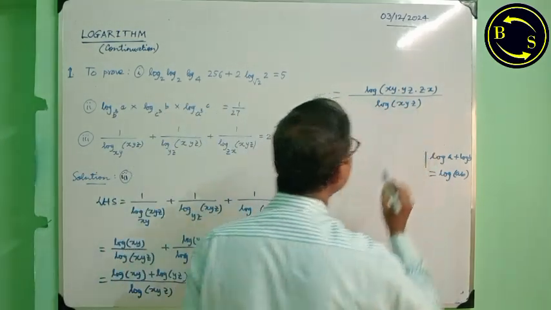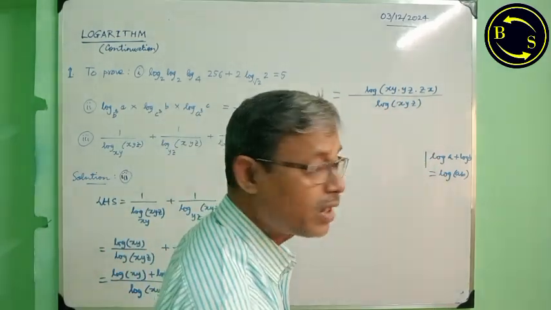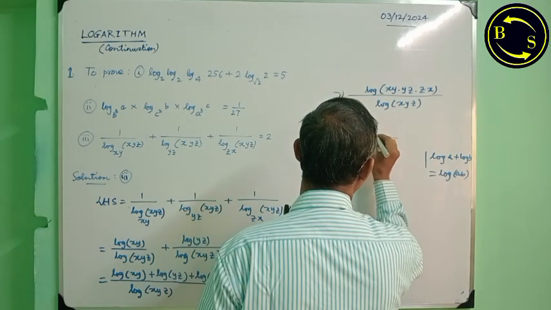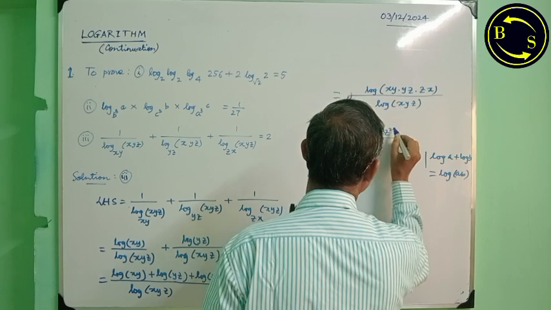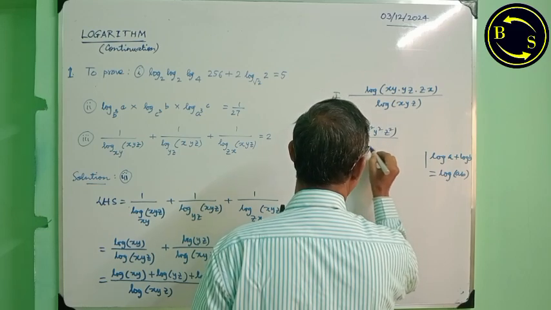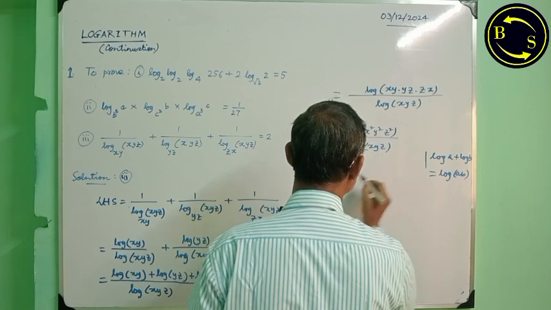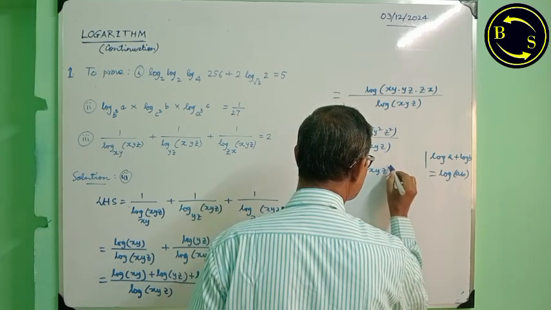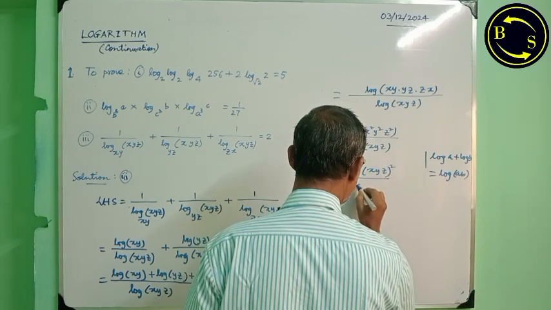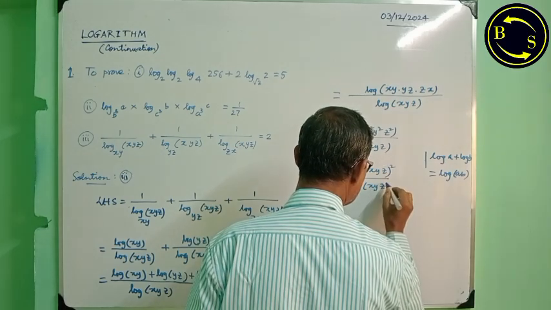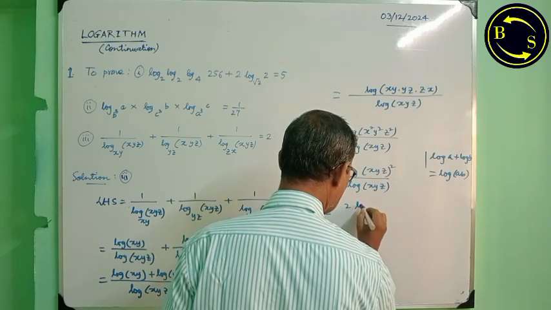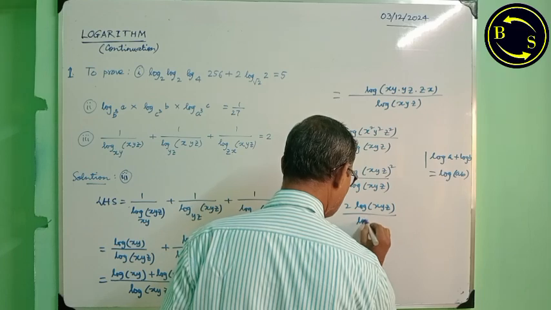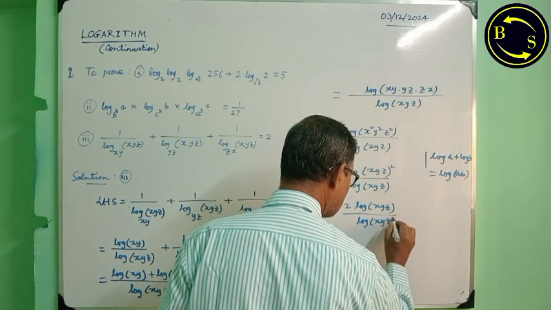Now what is the product? X square y square z square. Log of x square y square z square divided by log of xyz. This is log of xyz whole square by log of xyz, that is 2 log of xyz by log of xyz.